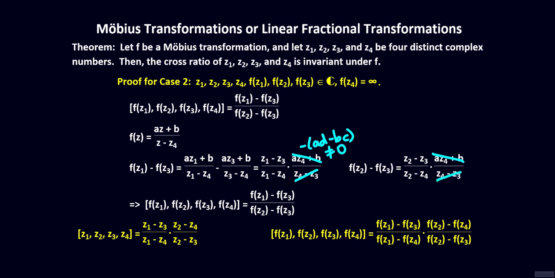And so we are left with the quantity z sub 1 minus z sub 3 divided by the quantity z sub 1 minus z sub 4 times the reciprocal of this fraction. This gives us the cross ratio of z sub 1, z sub 2, z sub 3, and z sub 4, thus completing the proof for case 2.